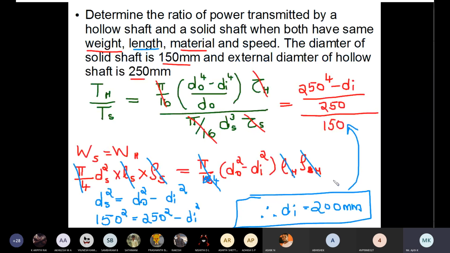This one has to be Sir. 150 to the power 3. This Sir. is di to the power 4. Sir. Yeah, I got DIS 100, sir. we're getting di value 100. ds is 150. D naught is 250.